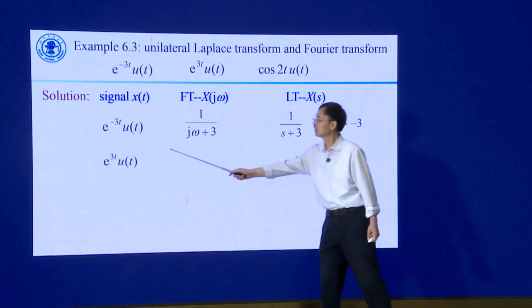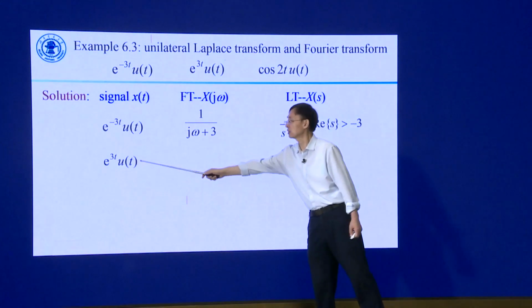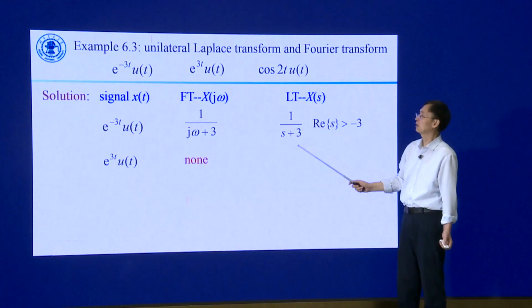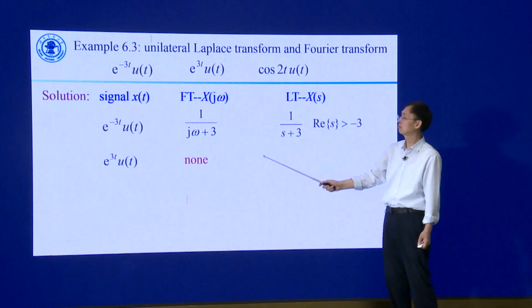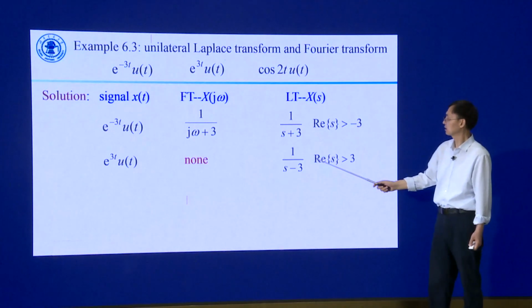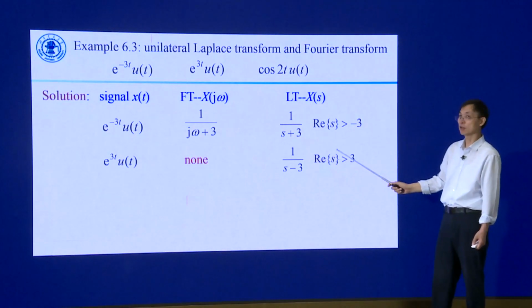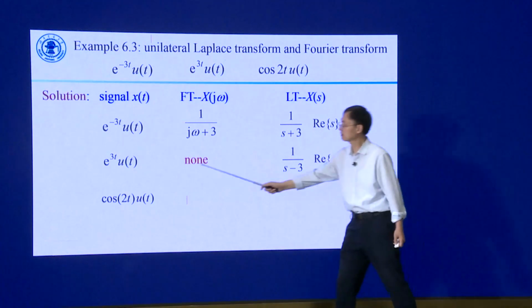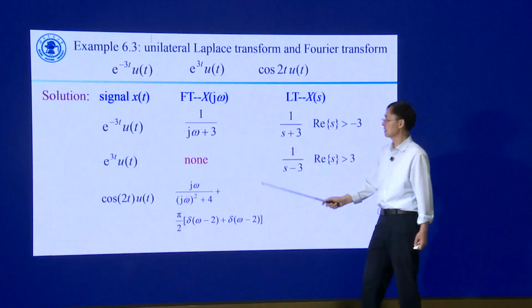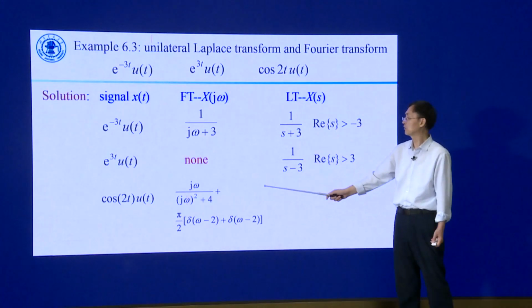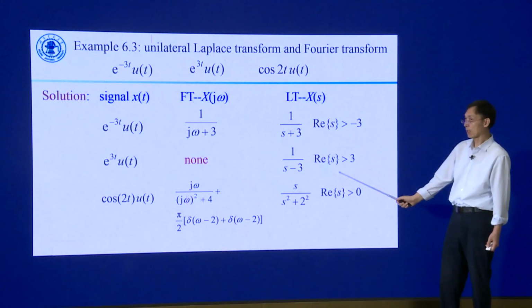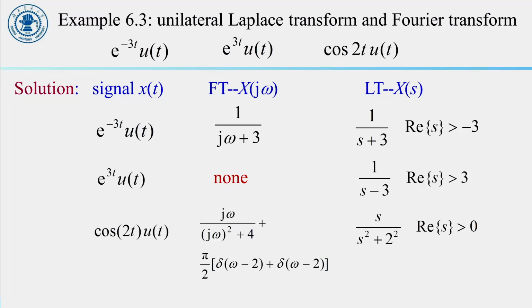For this exponential signal, there is no Fourier transform, but there exists the Laplace transform. For this signal, there are both a Fourier transform and a Laplace transform, but they are different in form.